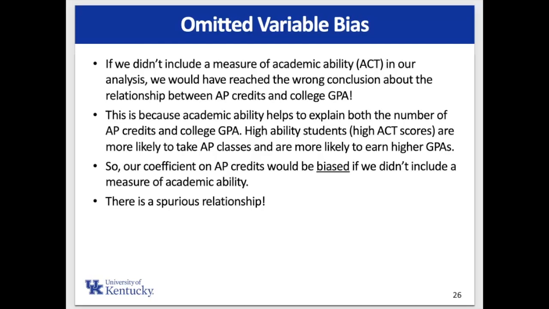This is because academic ability helps to explain both the number of AP credits and a college GPA. High ability students, people who have high ACT scores, are more likely to take the AP class and therefore are also more likely to earn higher GPAs. So our coefficient on AP credits would be biased if we didn't include a measure of academic ability.